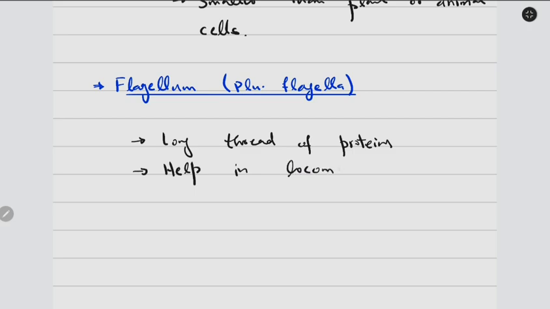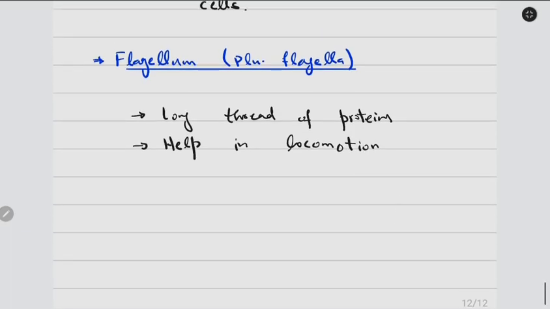Locomotion means to change location, in response to some chemical, through water maybe, or other fluids.